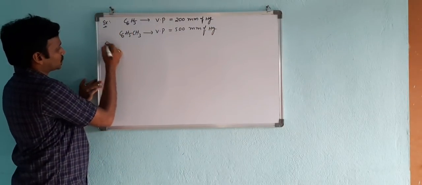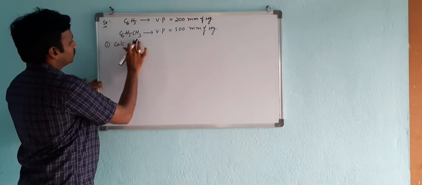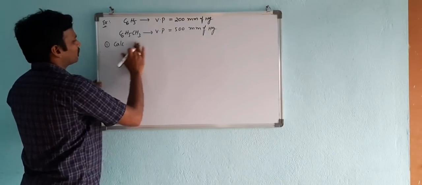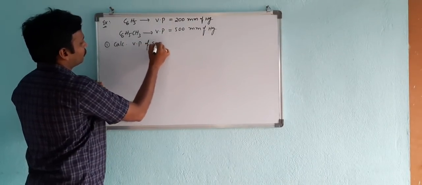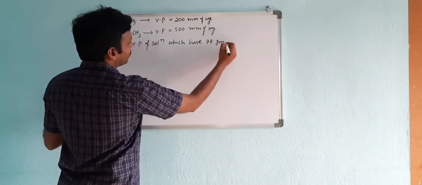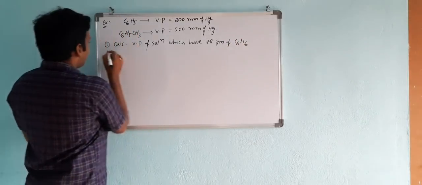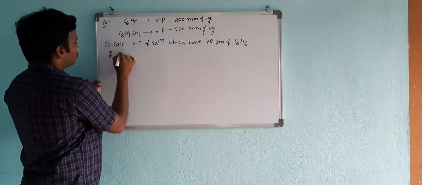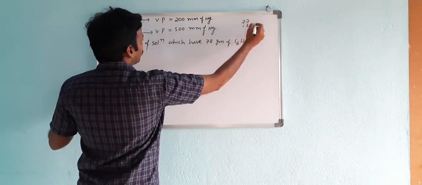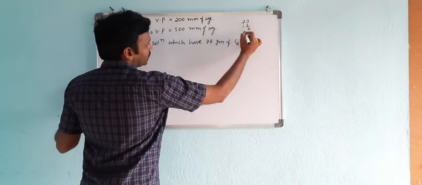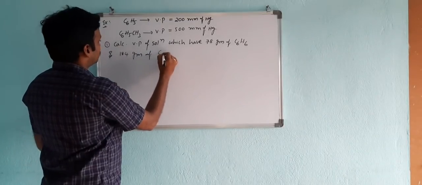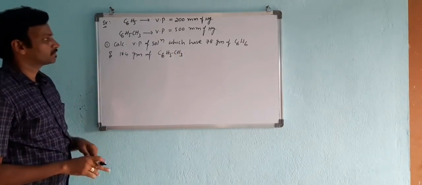So first question: calculate total vapor pressure, meaning P total is asked. Calculate the vapor pressure of a solution which has 78 grams of C6H6 and 184 grams of toluene. What is the molecular weight of toluene? 77 and 12 and 3, means 92, I guess. 92 means around 184 grams of toluene, C6H5CH3.